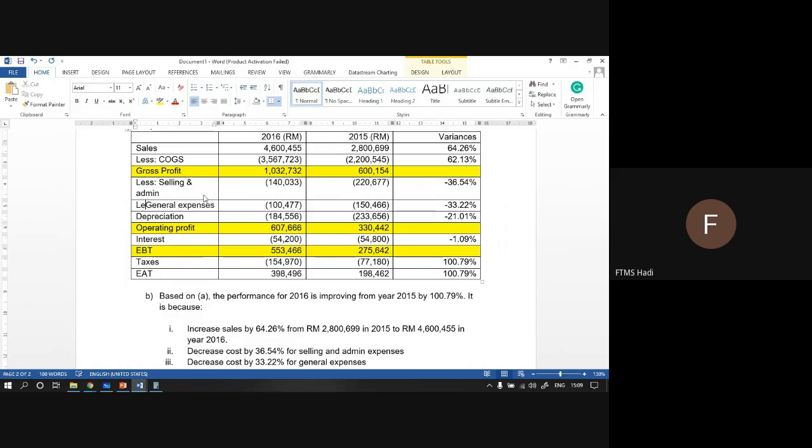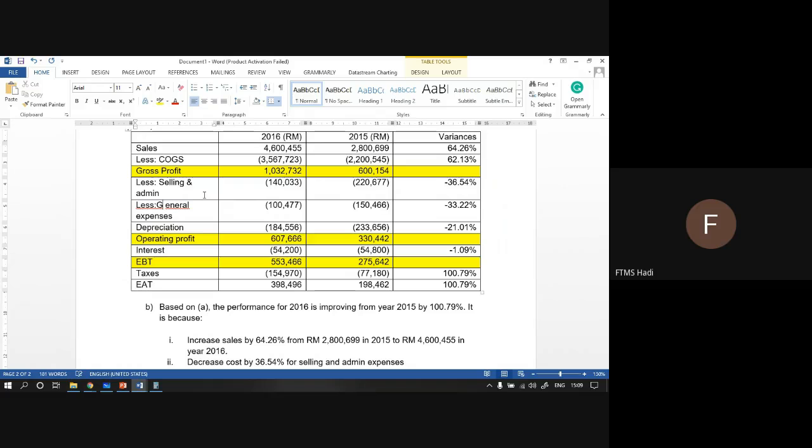I put bracket because it indicates you need to minus this one. You mean this bracket, in the number? Yeah, the bracket.